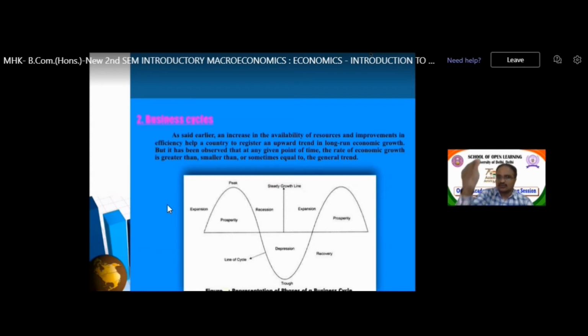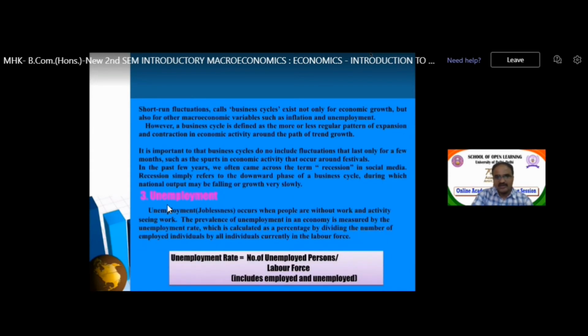And after that, the growth again fluctuates. So the fluctuations take place in the short term period. That you can call the business cycle. Okay. You can observe that during the past 5 years, we often came across the term recession in social media.